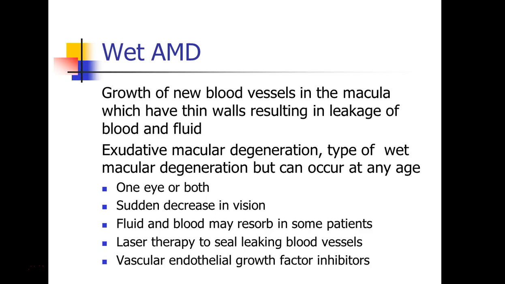And what happens is new blood vessels try to regenerate, and the walls result in leakage, and the blood flows through, and that causes like a wet degeneration, and it's still blocked, still the same thing, but they just call it wet. Exudative macular degeneration. It's just a type of wet degeneration.